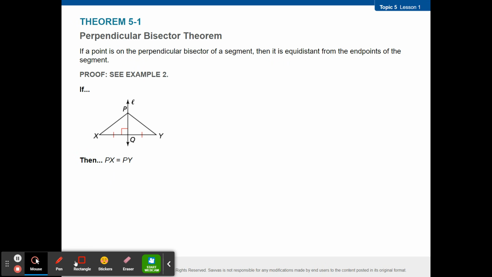And the thing you would know here is that PX would be congruent with PY, or those measures would be equal in this case. In order to prove the congruency part, you would have to use your definition of congruence. Okay.